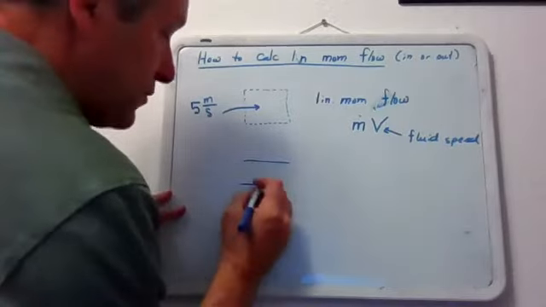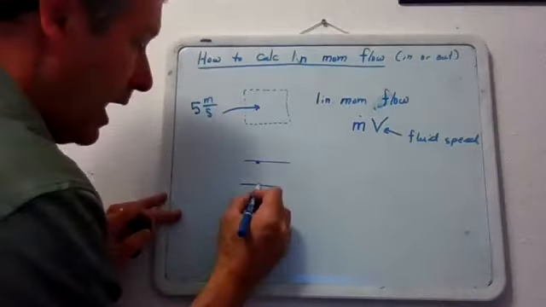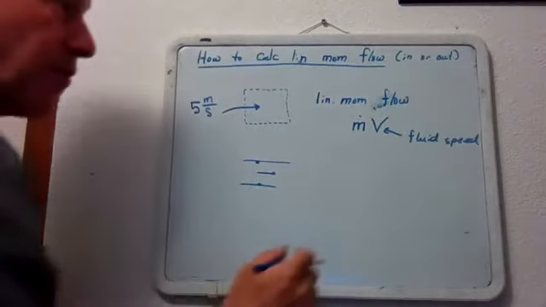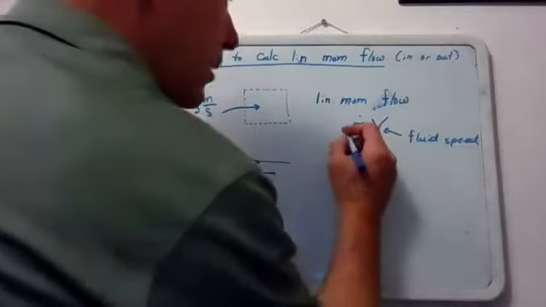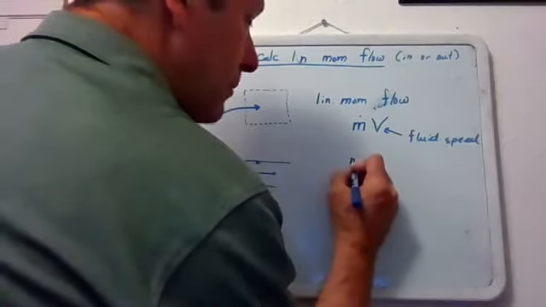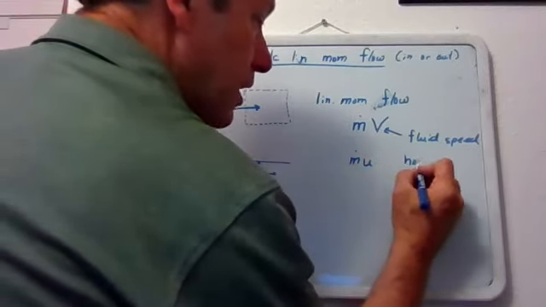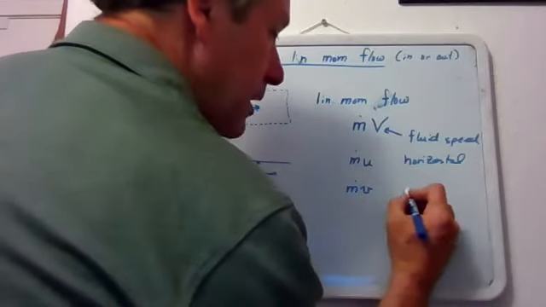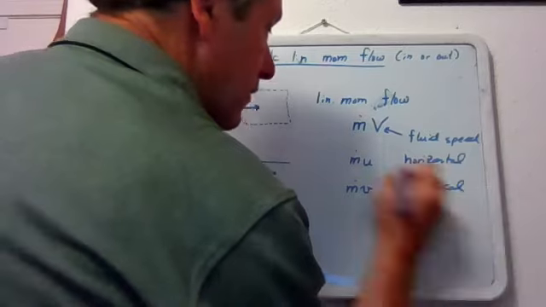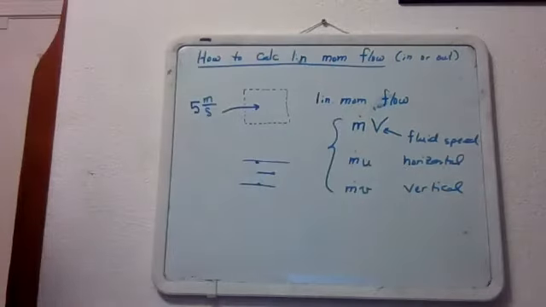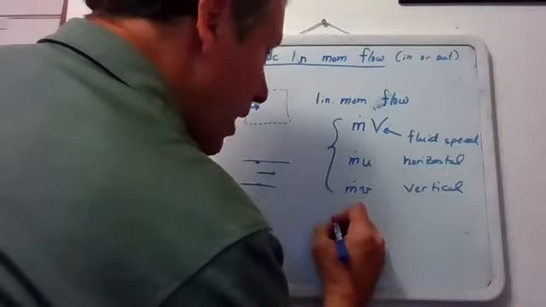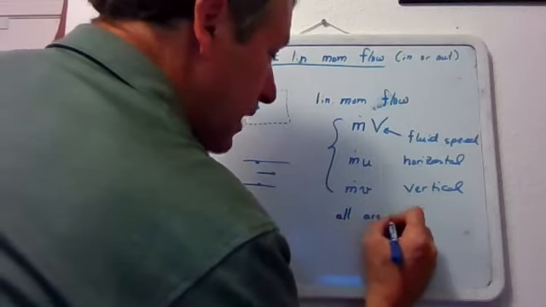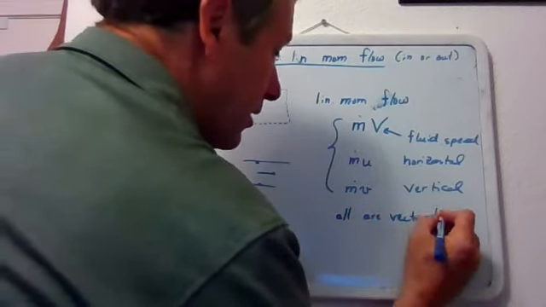We know that if fluid moves through a pipe, we have a no-slip condition at the edges, and so the fluid in the middle might be going faster than at the edges, but for right now, we're just using the average speed. We could also calculate it using m dot u, and that would be horizontal momentum, and we could also do m dot times v, and a lot of times that's going to be vertical. They're all going to be the same calculation, and note that linear momentum flow is a vector. They have magnitude and direction, all are vectors.